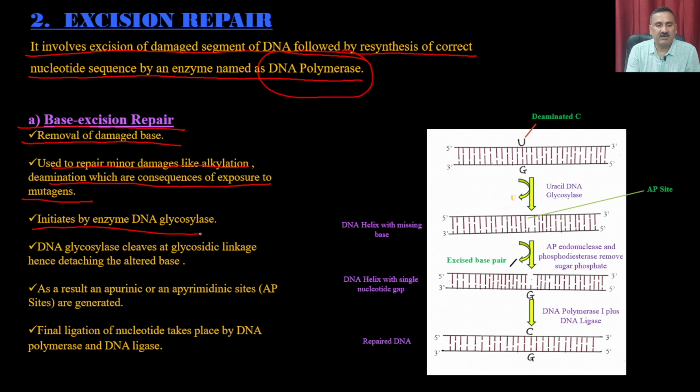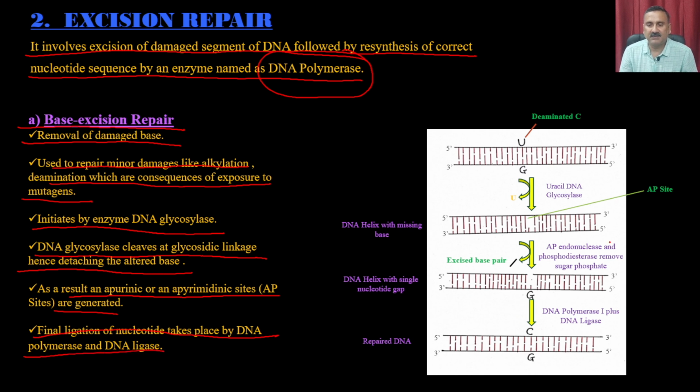It is initiated by an enzyme called DNA glycosylase, which cleaves the glycosidic linkage, hence detaching the altered base. As a result, apurinic or apyrimidinic sites are generated. Final ligation of the nucleotide takes place by the DNA polymerase and the DNA ligase.